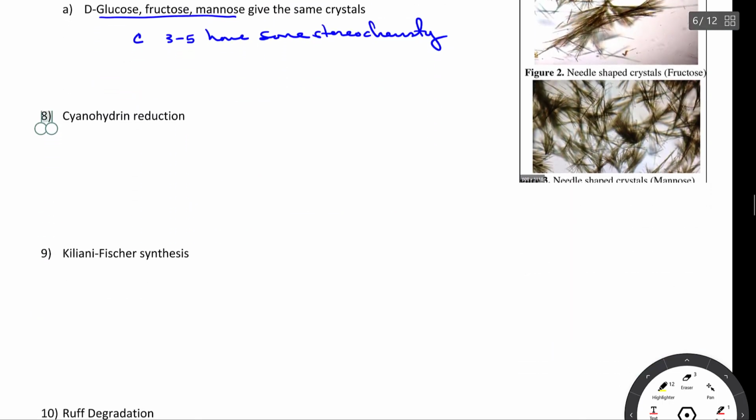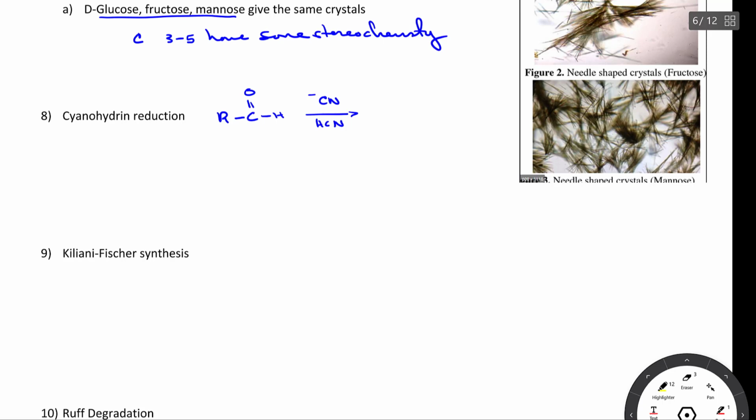Before I go on to the cyanohydrin reduction, I want to really quickly talk about the cyanohydrin mechanism. Cyanohydrins are more important in aldehydes because aldehydes generally are more reactive. And so I'm going to start with an aldehyde like this, right? And then we do CN minus in the presence of HCN.